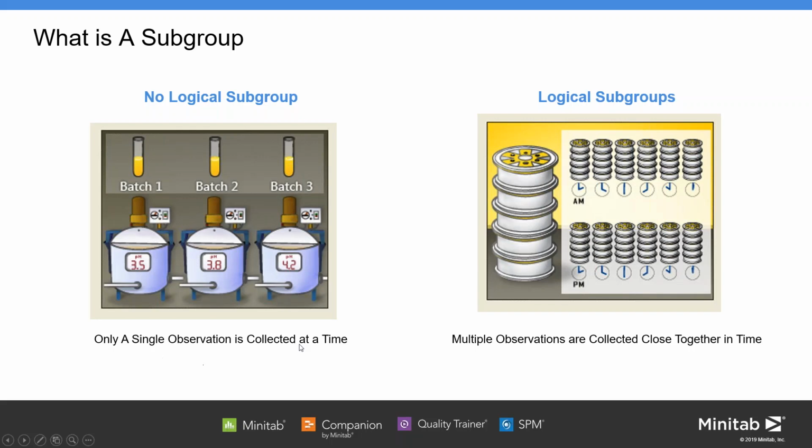If we are collecting only a single observation at a specific time, there is no logical subgroup. However, if we are collecting multiple observations close together, we can treat them as a logical subgroup.